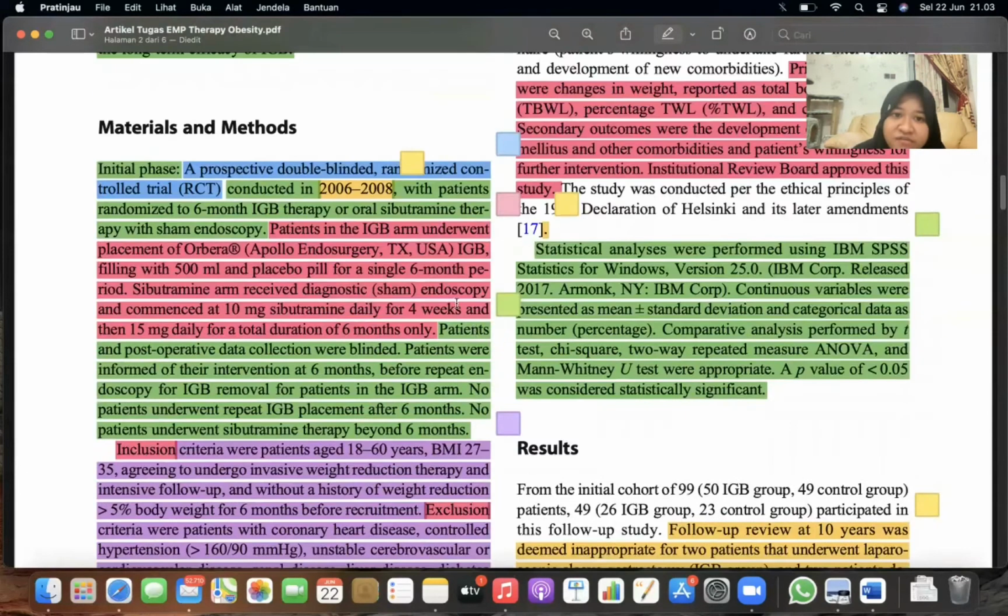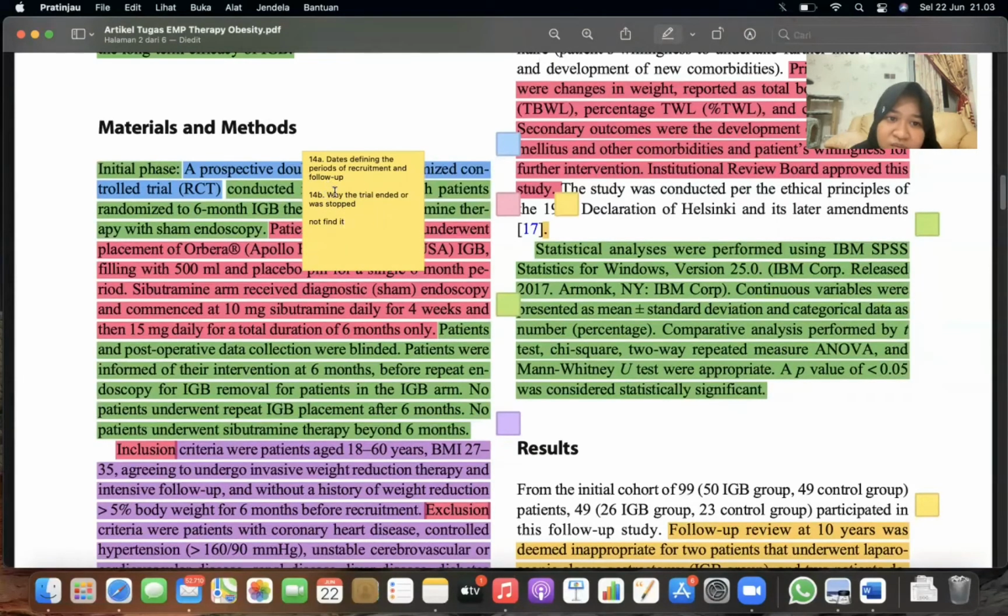Okay, after that, number 14A, defining the period of recruitment and follow-up. Okay, that is here, highlighted in yellow. And 14B, why the trial ended or was stopped, not found in this article.